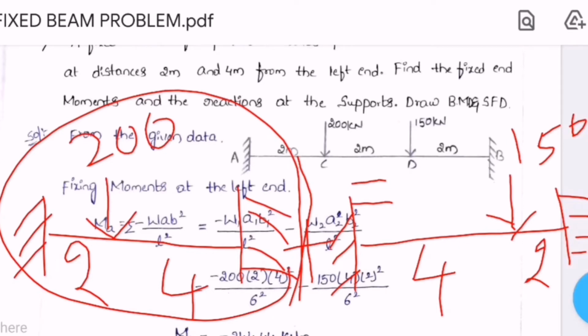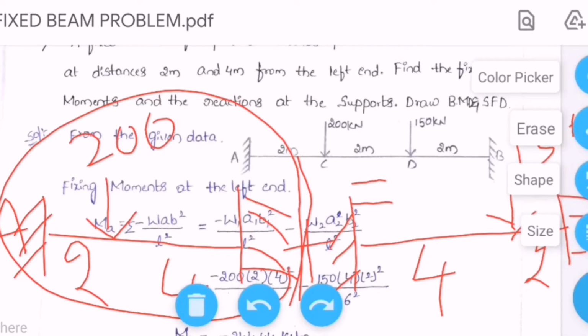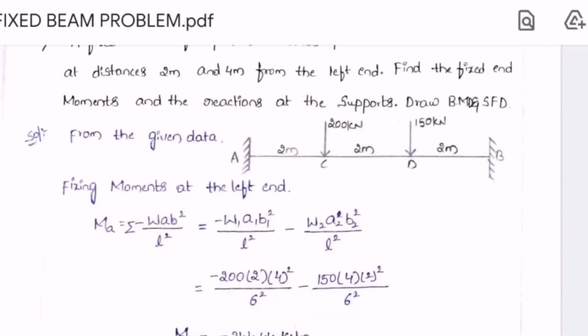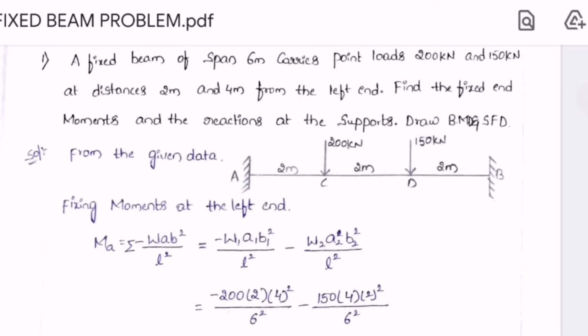the formula for an eccentric load: we have an eccentric load 200 kilonewtons at 2 meters from A. This is AB. So I'm going to draw the diagram once again. So imagine, please remove this load now.